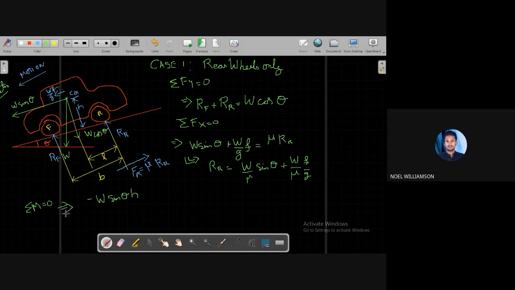Then the inertia force, W by g into f, which is at a distance h, will also make a counterclockwise moment. So minus W by g into f into h.